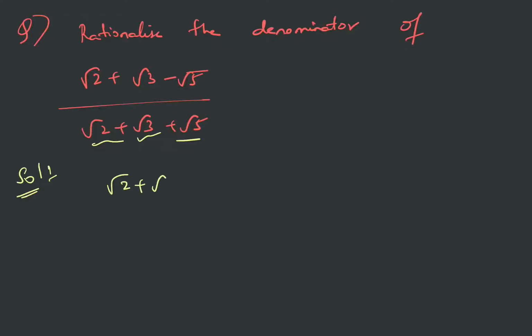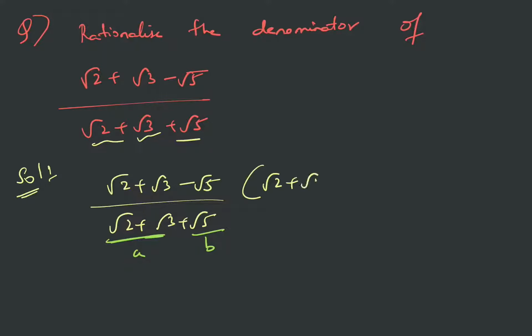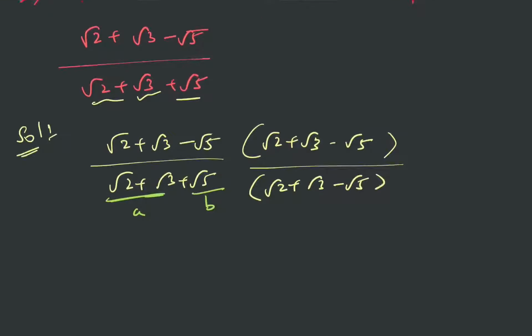So let us see. So it is root 2 plus root 3 minus root 5 by root 2 plus root 3 plus root 5. So first what I am doing is I am considering this entire thing as a and this as b, right? So I am just multiplying, say, root 2 plus root 3 minus root 5, and multiplying and dividing with root 2 plus root 3 minus root 5.